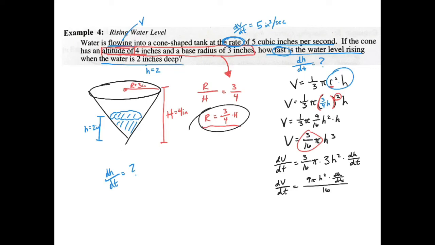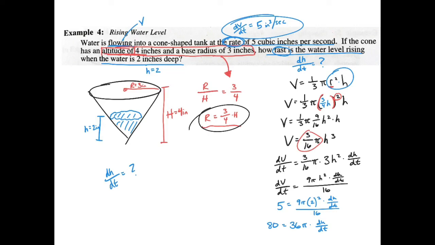So dV/dt, we said it was 5 up at the top. 9 pi. At this moment in time, h is 2, so I'll have 2 squared dh/dt all over 16. A little bit of algebra 1 here. 16 times both sides gives me 80 equals 9 pi times 4, so 36 pi dh/dt.